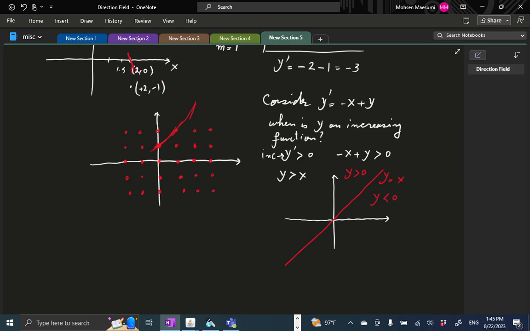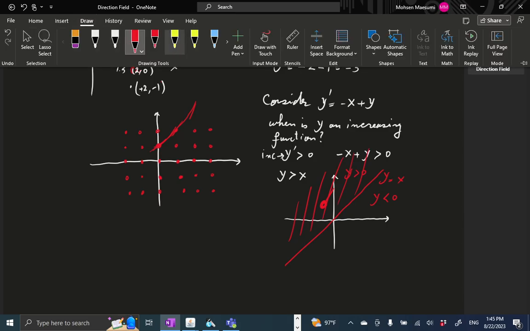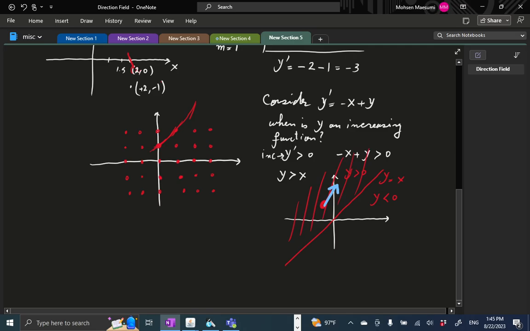So what does this mean? It means that if I am on this side of this line, if I start anywhere on this side, minus x plus y will be positive, and at that point I'll be pulling up, I'll be increasing. So at that point your function will be going up.